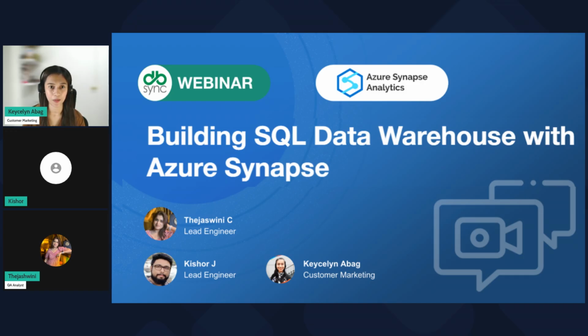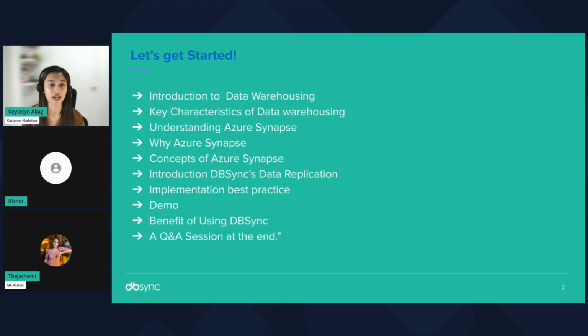All right. So, no further delay. Let's move on. Here's what we'll cover today. We have introduction to data warehousing, key characteristics of data warehousing, understanding Azure Synapse, why Azure Synapse. We also have concepts of Azure Synapse, introduction to DBSync's data replication.